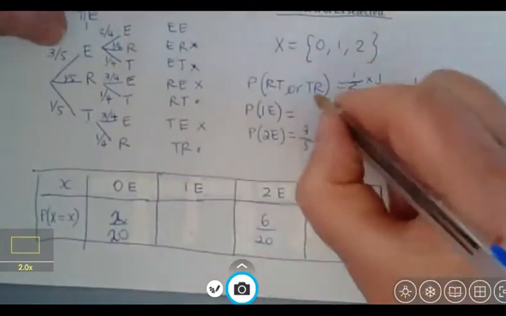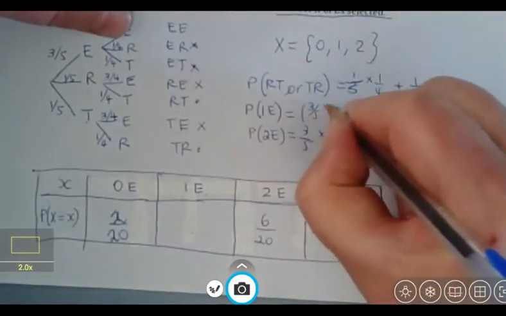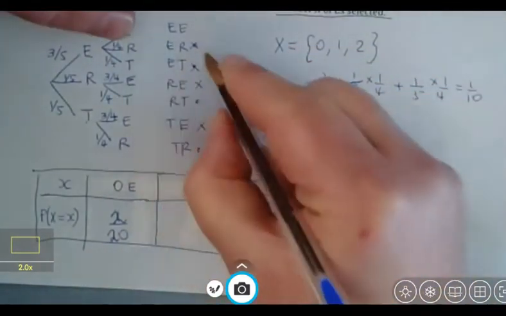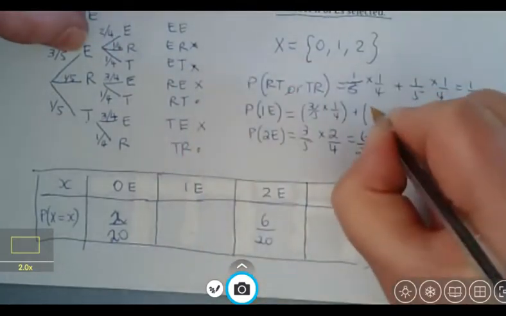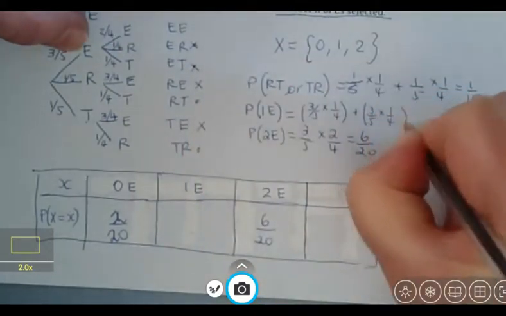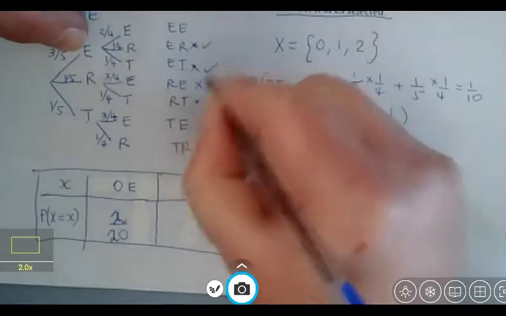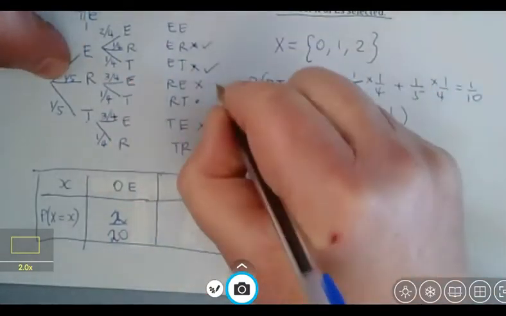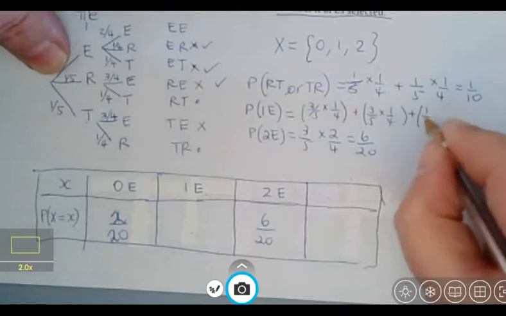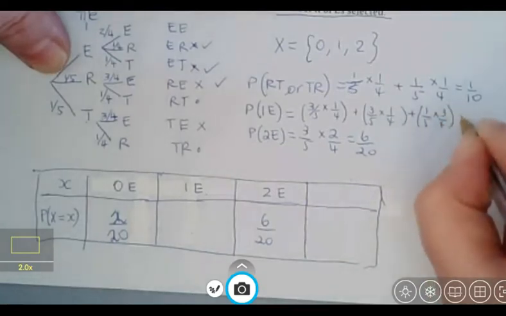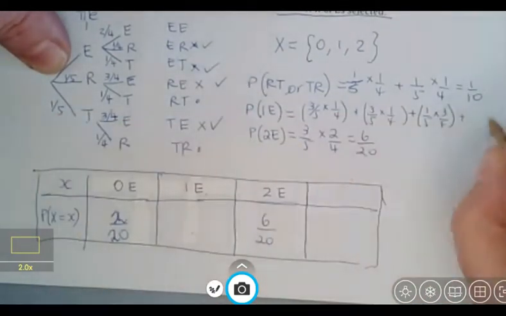So 1 E, it's going to be 3/5 times a quarter plus 3/5 times a quarter again. So those two. Then it's 1/5 times 3/4.